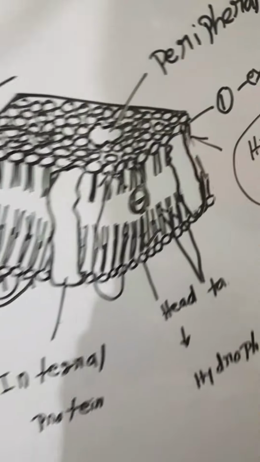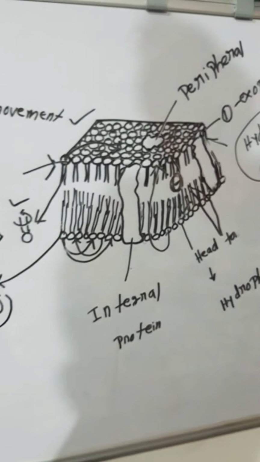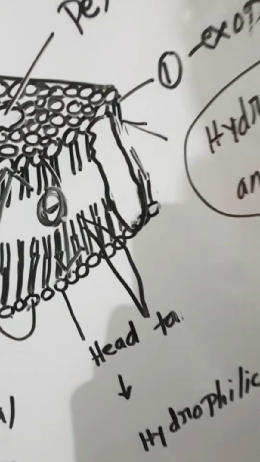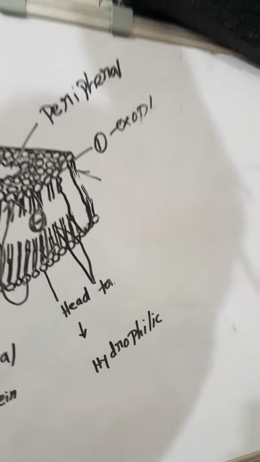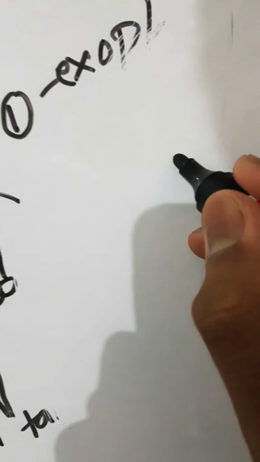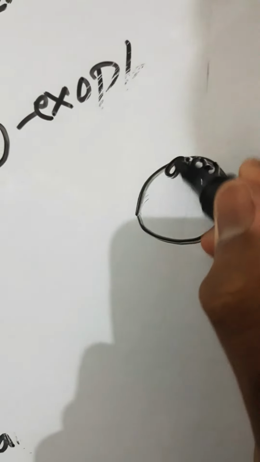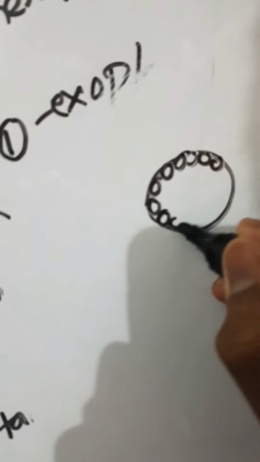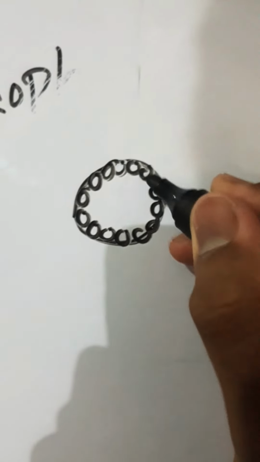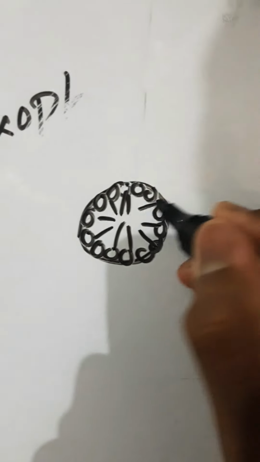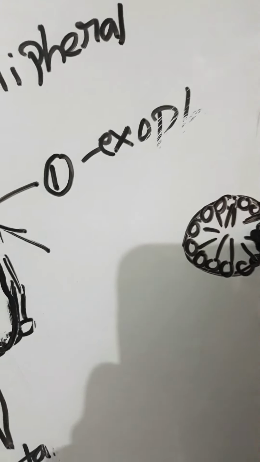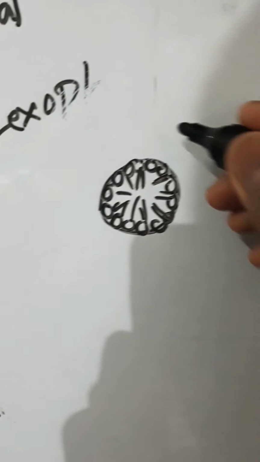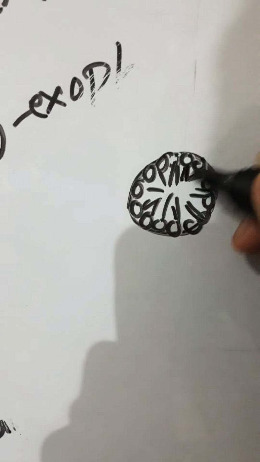number. So now the question comes: how did scientists discover such kinds of movement? Actually, let's see, this is one biological membrane. These are the lipids. They attach some dye to these lipid heads.